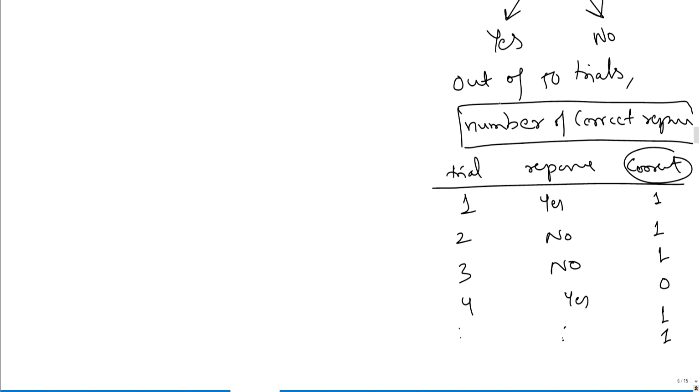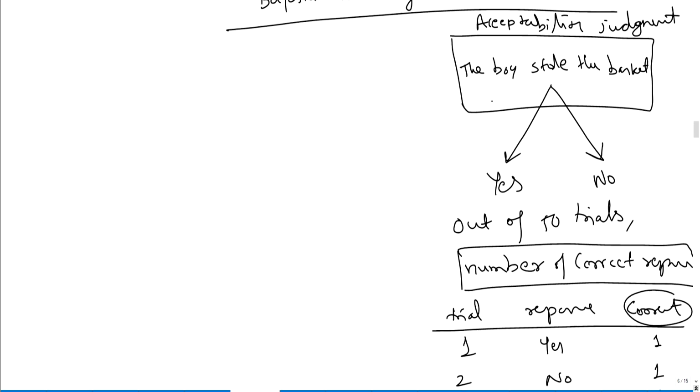We want to model the number of correct responses. What does that mean? We want to figure out the underlying cognitive process that produces n, the number of correct responses in this particular experiment. So, what is the underlying cognitive process f that produces the observed number of correct responses? Let us say this function, the underlying cognitive process, is f with parameter theta.